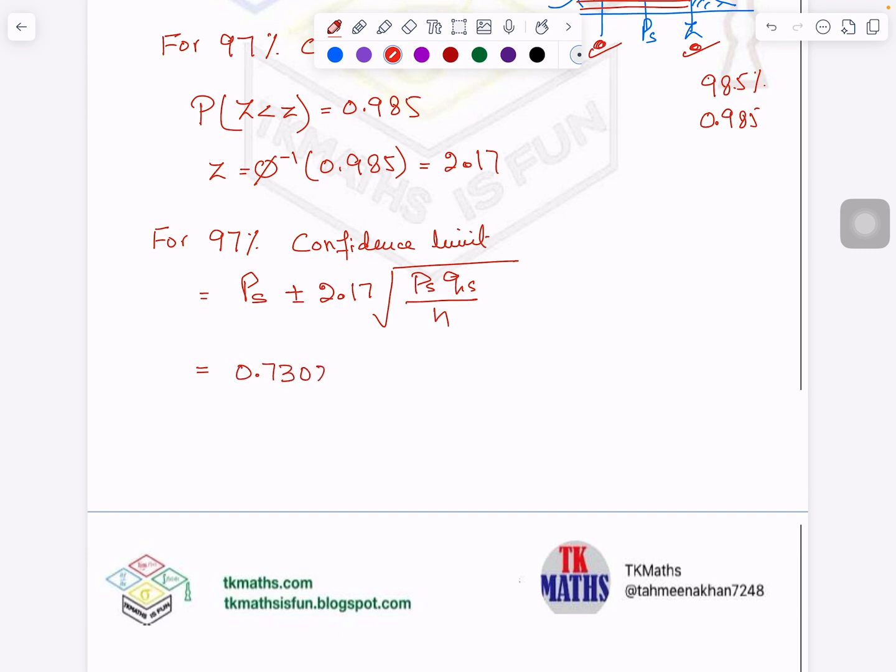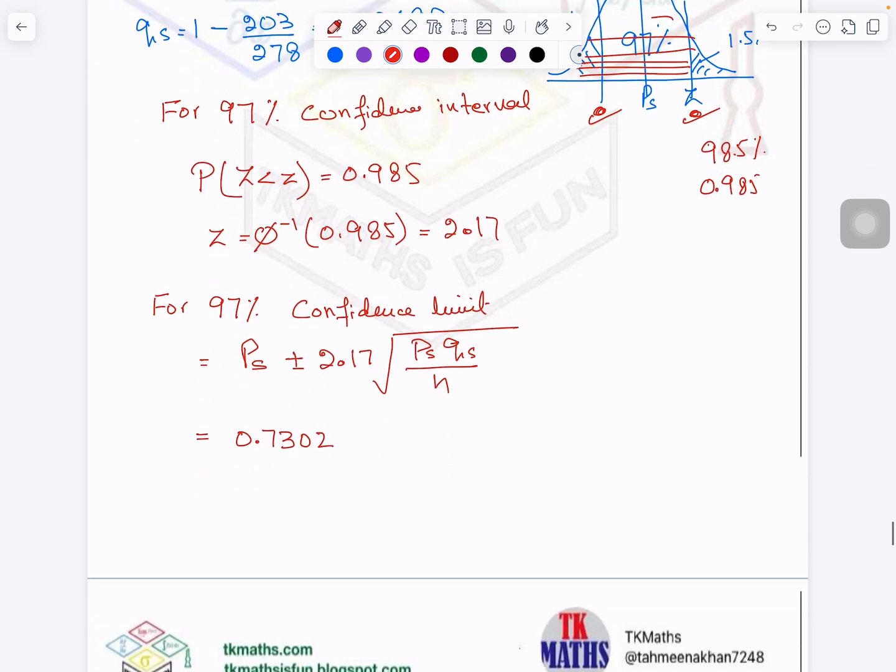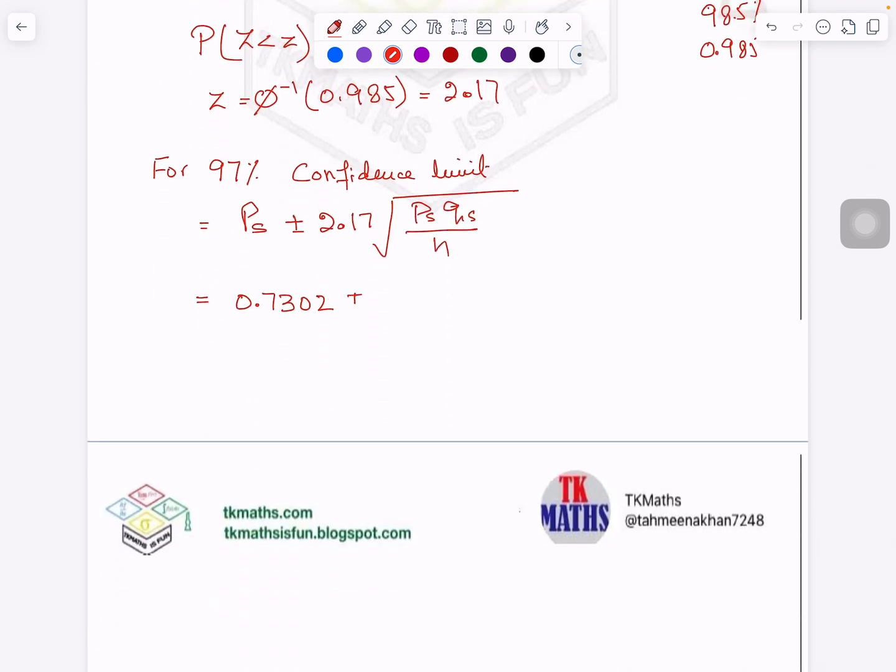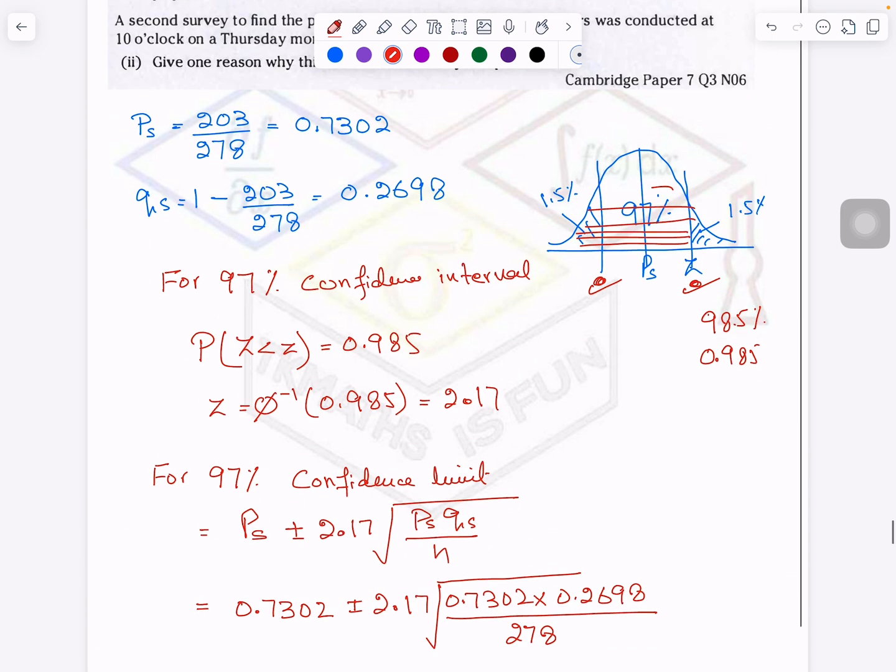0.7302 we have calculated, and 0.2698, plus minus 2.17 times the square root of 0.7302 into 0.2698 divided by N, which was 278, the total. Am I right? Yes, 278.